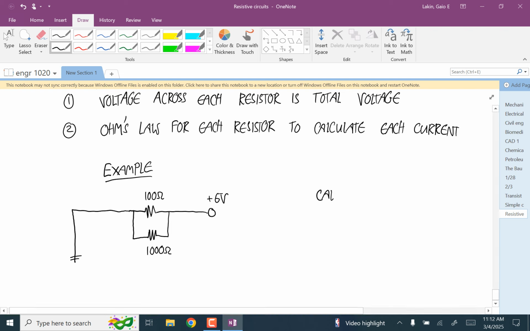And we want to calculate the voltage and the current for each resistor.